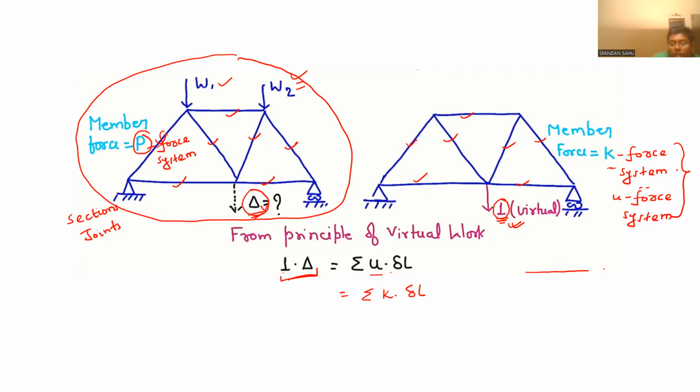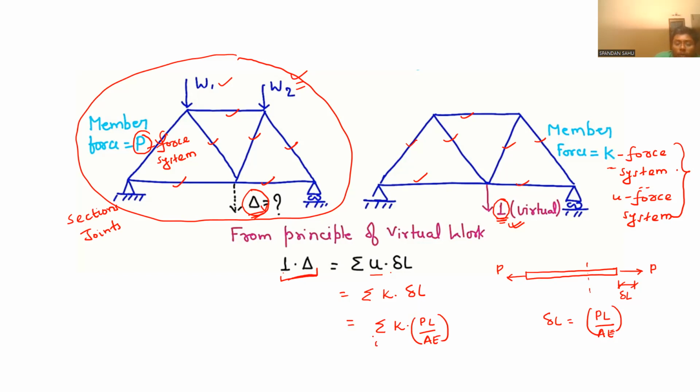Now for a truss member, we know those are axial members. So if this P load is acting, if you want to find the elongation delta L, it will be PL by AE. That we know from basic solid mechanics knowledge. So when you substitute here, it will be K dot PL by AE, and that is for one member.